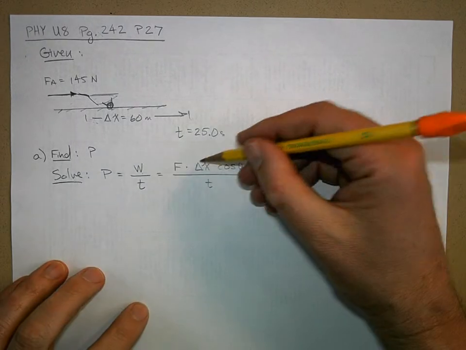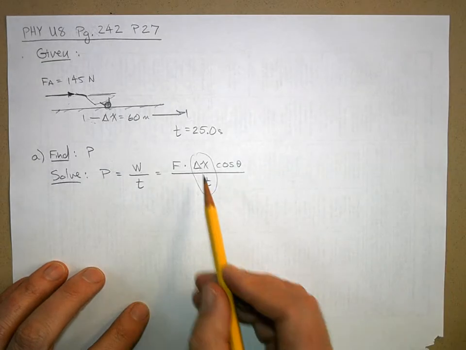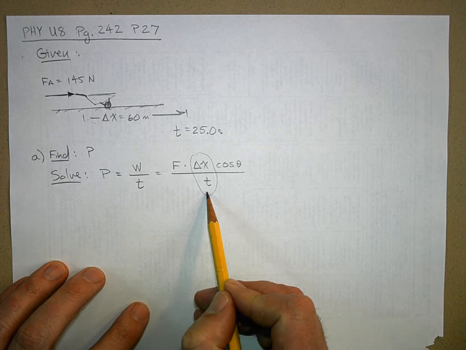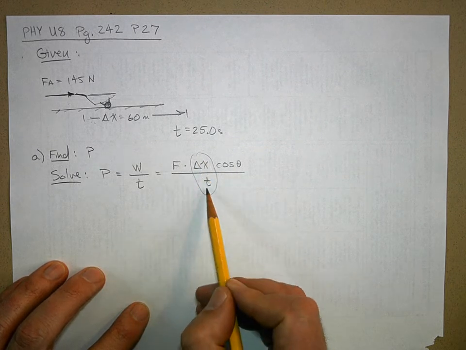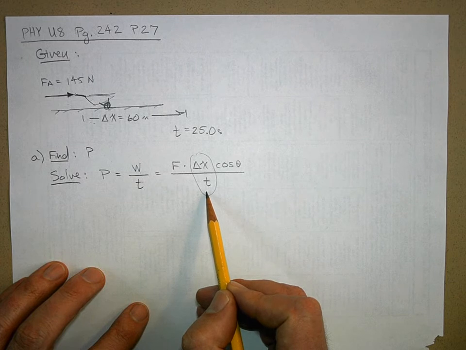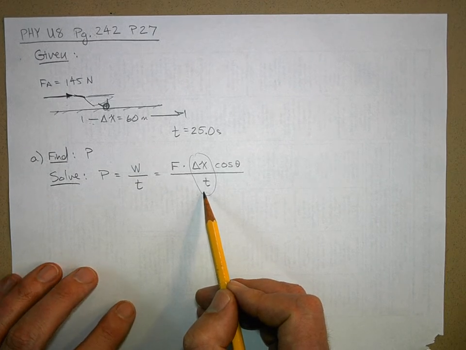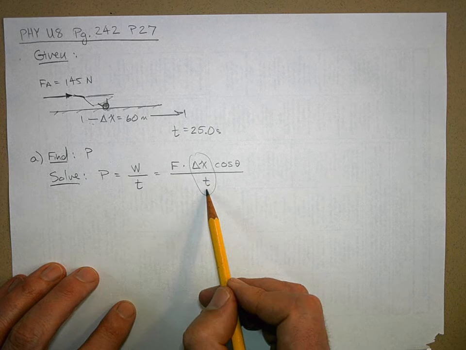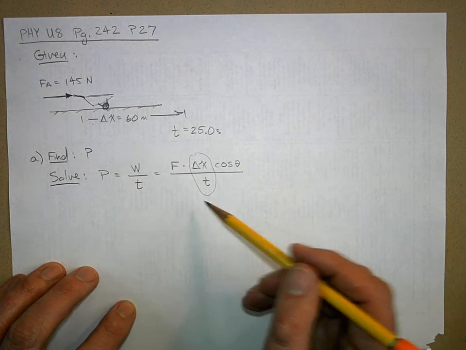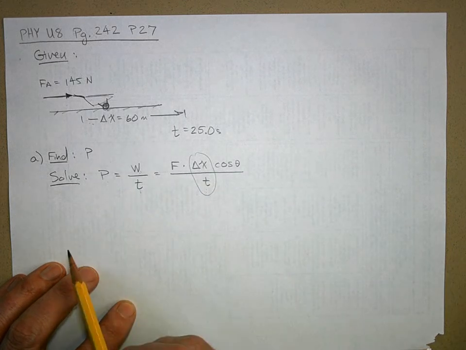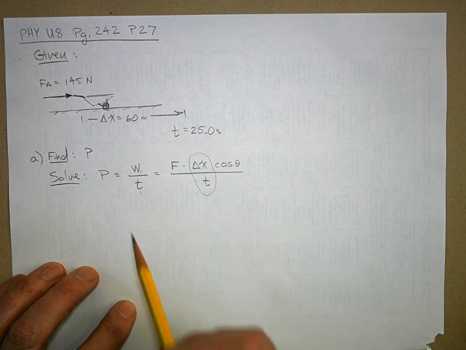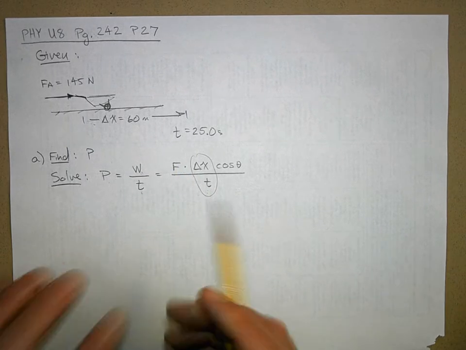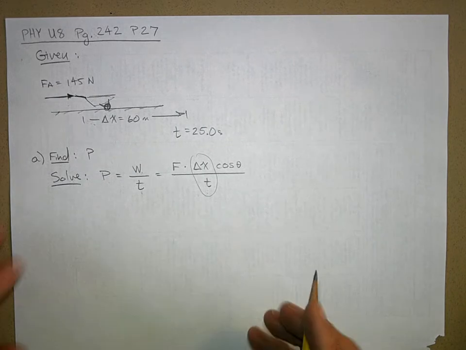By the way, look at this. Delta x over t. This is our displacement divided by the time it took to make that displacement. What is that? That's our speed, that's our velocity. So we can call power work over time, but we can also call power force times velocity, which will matter to us when we get to part B.